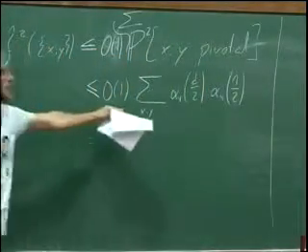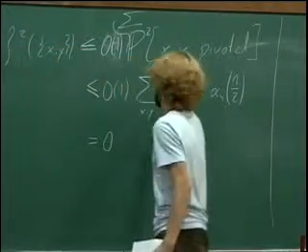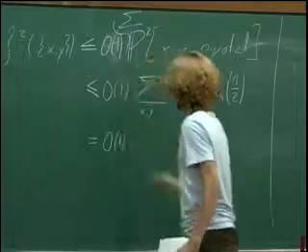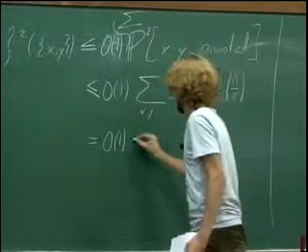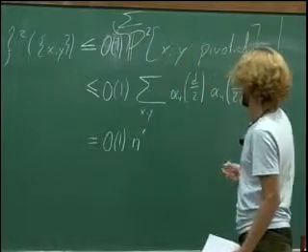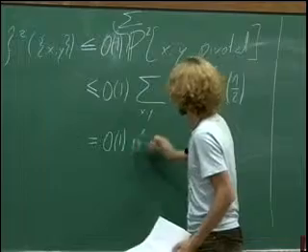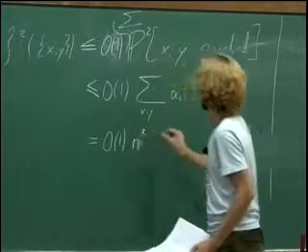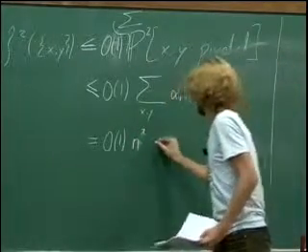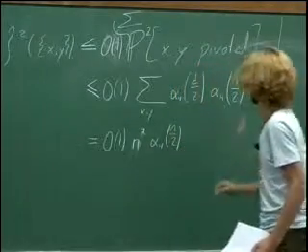I suppose if you want to sum over both x and y, you might as well start summing over y or x, or your favorite. There are n squared choices of x. Alpha 4 of n halves doesn't have to do with x, so that comes out.